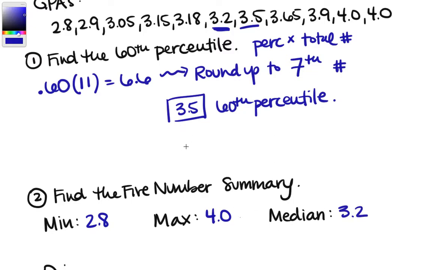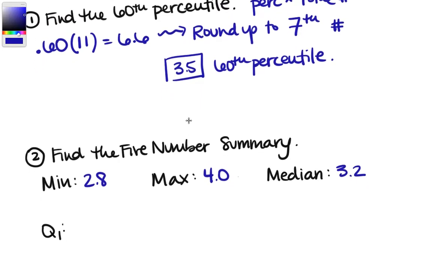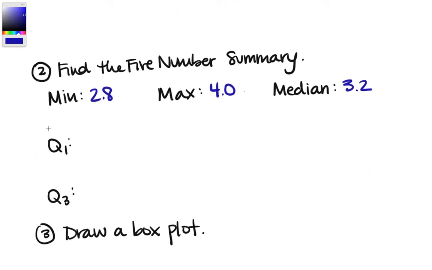And now we want to find the first and the third quartile. Remember, first quartile is the 25th percentile. Third quartile is the 75th percentile. So we're first going to find our locator. We do 0.25 times the number of data points we have, which is 11.